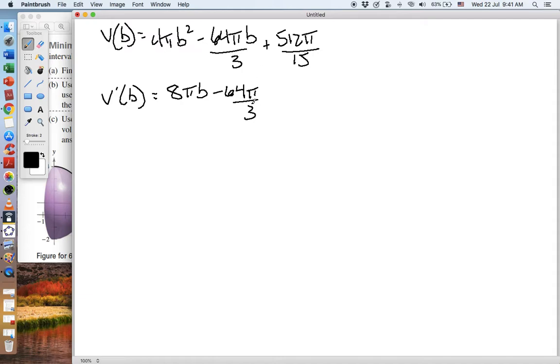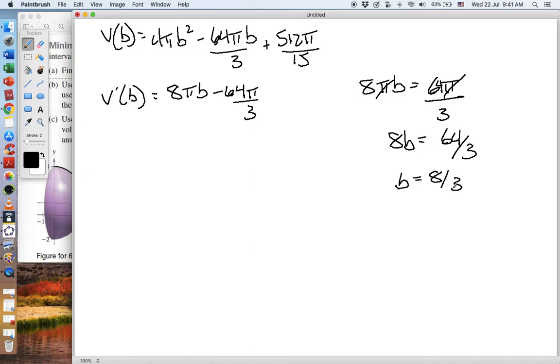So now we've got the derivative, and so we can say that 8 pi b is then equal to 64 pi over 3. Get rid of these pi's, we get 8b is equal to 64 over 3, or b is equal to 8/3.